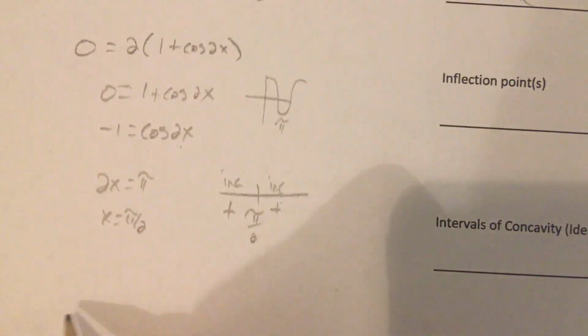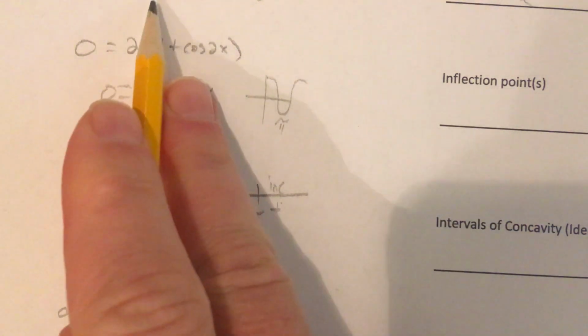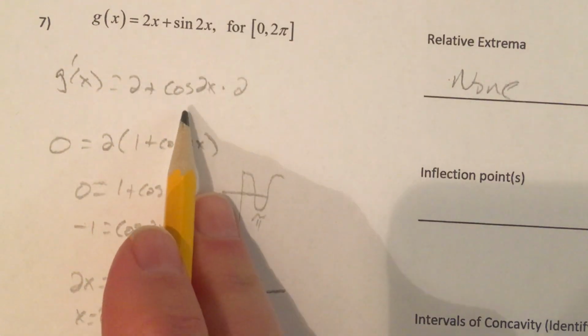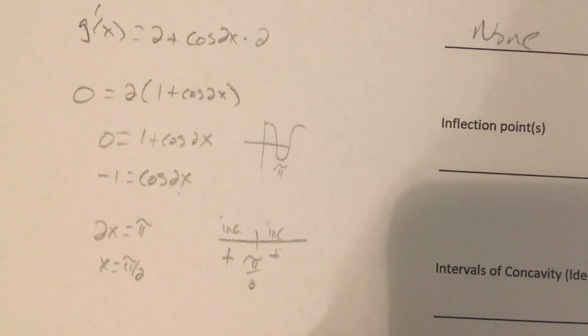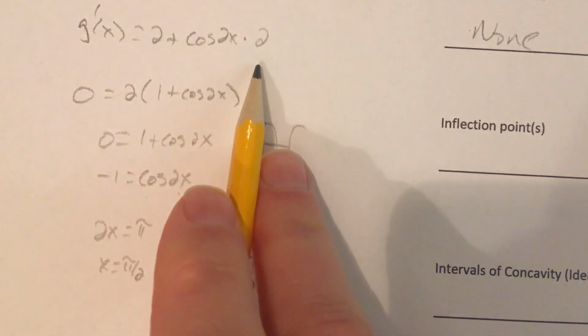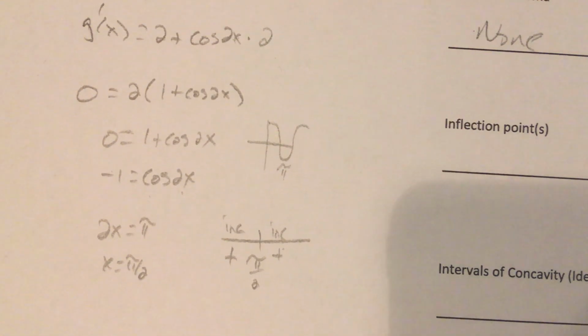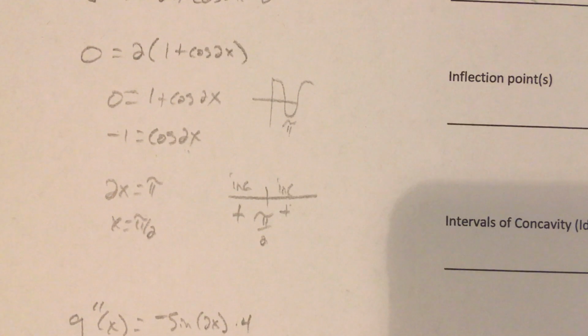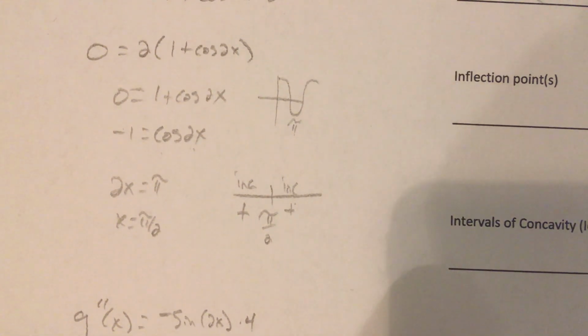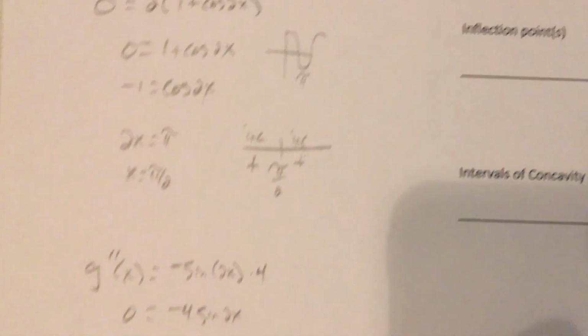All right, now as far as the second derivative goes, the derivative of 2 is 0. The derivative of cosine is negative sine, leave the 2x alone, times 2, which is going to multiply the 2 that was already there, so it'll really be 4. So I'm going to get a negative 4 sine 2x. When I set that equal to 0, I'm really looking for when does sine 2x equal 0.